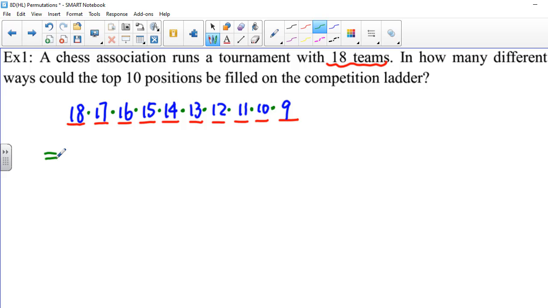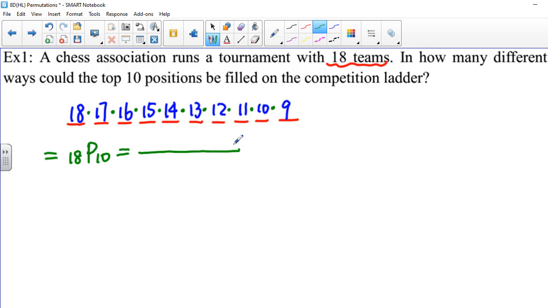But if we apply the permutation definition, we can say there are 18 teams, I need to take 10 teams out and line them up in order. Therefore, I also can represent this multiplication sequence as 18P10.